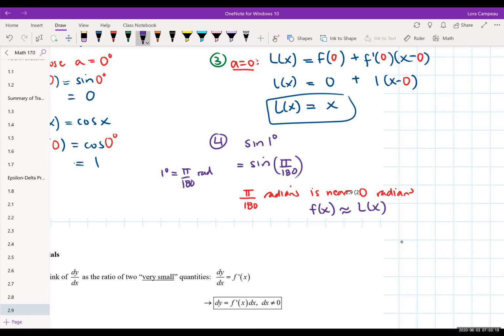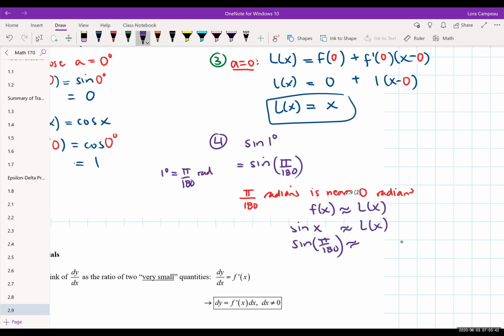So what does that mean? What was our function again? Our function was sine of x, which can be approximated with the linearization of x. So if we look at sine of pi over 180, we can approximate it with, again, the linearization of x is x.